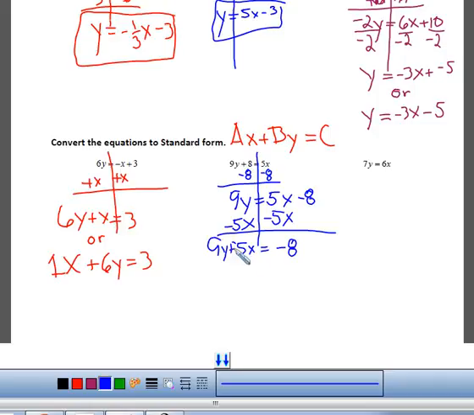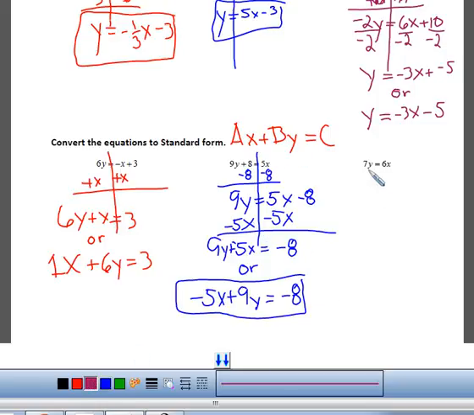And now because it's adding, I can switch the order around. Remember, commutative. So I have negative 5x plus 9y equals negative 8. If you stop up at this 9y minus 5x equals negative 8, that would be okay. But I think this fits the standard form a little better.